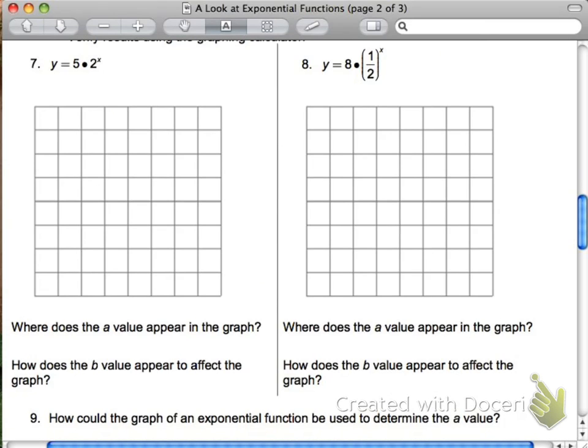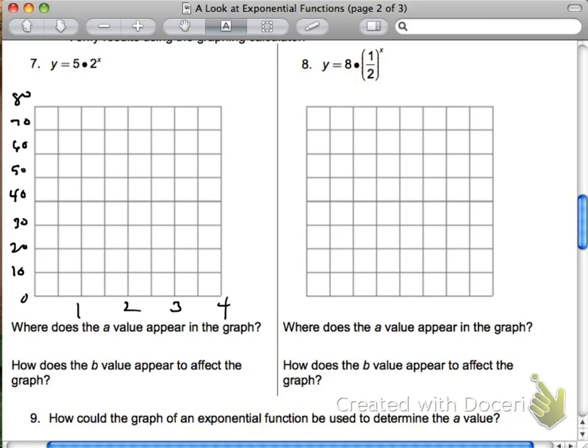On the side here, we're going to have 0, 10, 20, 30, 40, 50, 60, 70, 80. Over here we're going to have 1, 2, 3, and 4. I skipped because I can spread the graph out over the whole page.